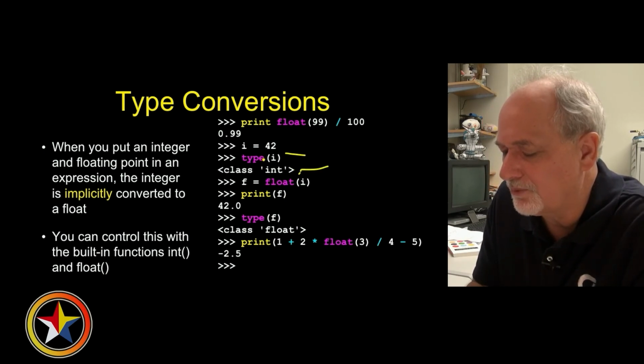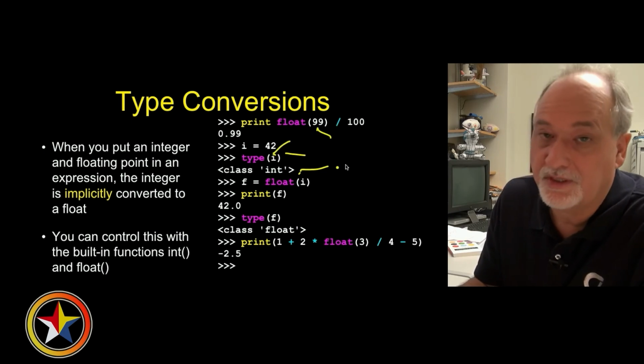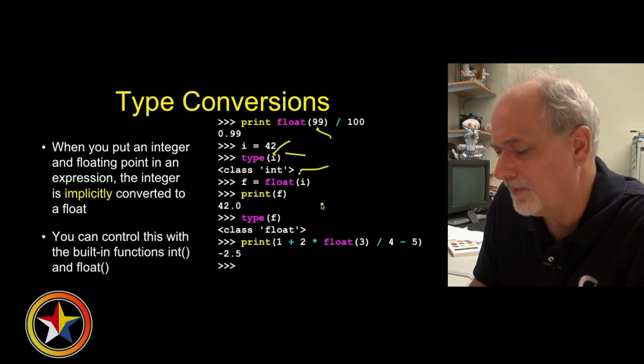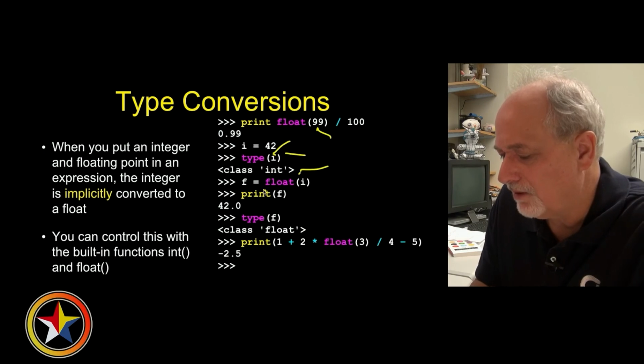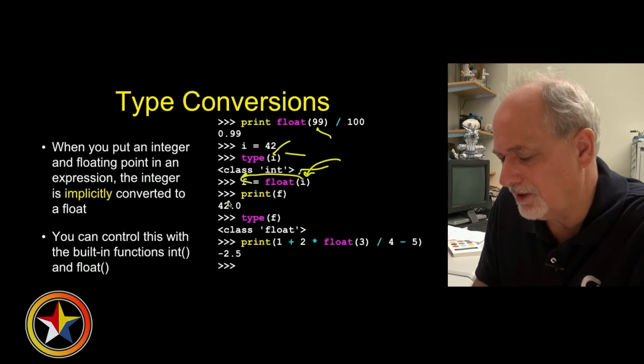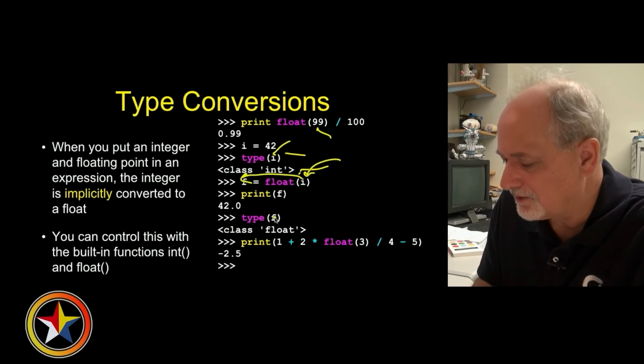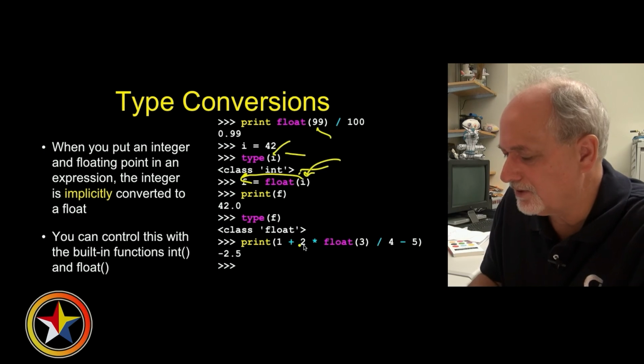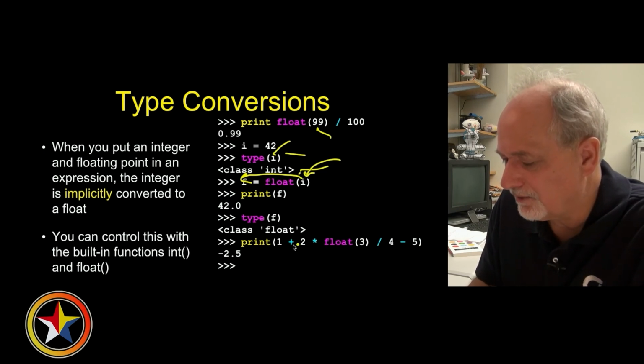If you just type a function in, the parameter can be a constant or a variable. So you can either just run it or take the result of this. This passes an integer in, converts it to a float, and then puts the float into that. Type tells us what kind of thing that is, and you can use this inside of an expression.